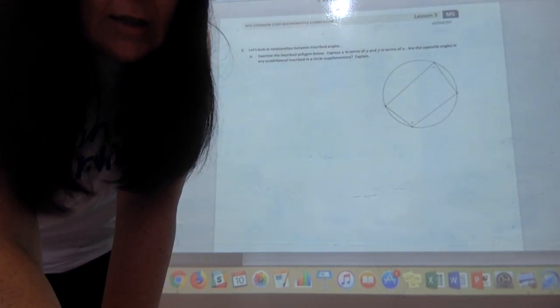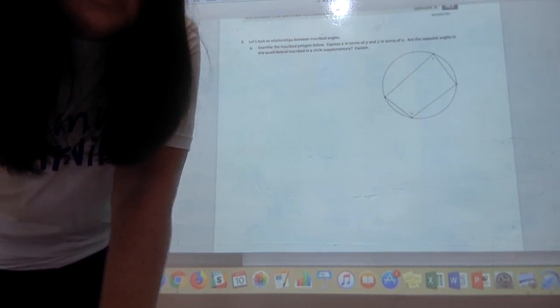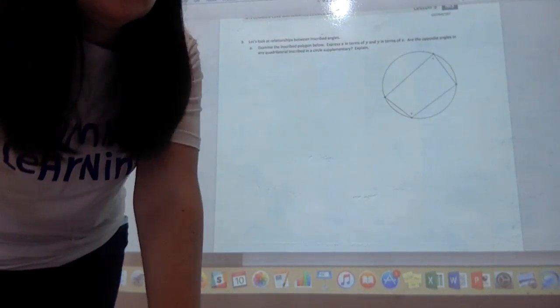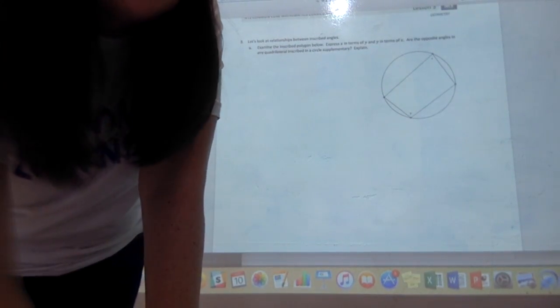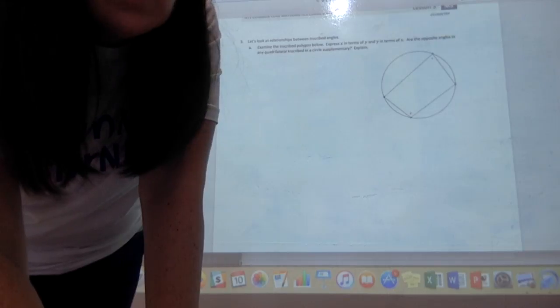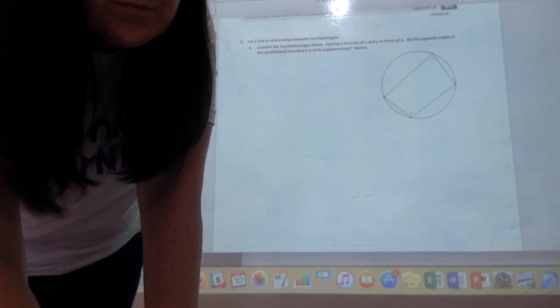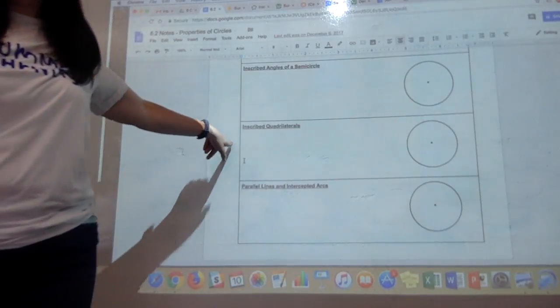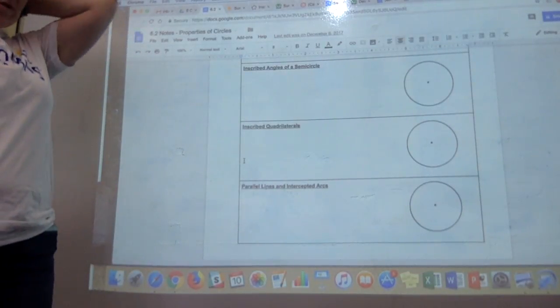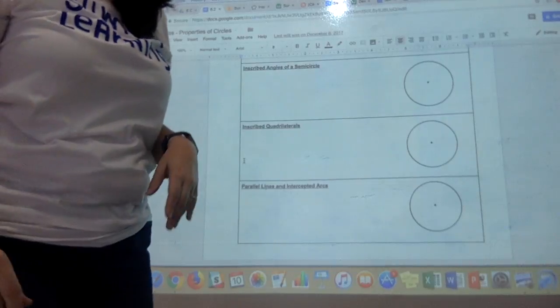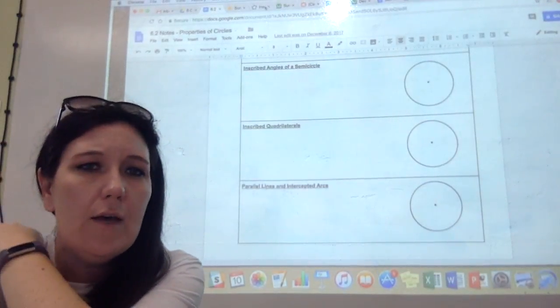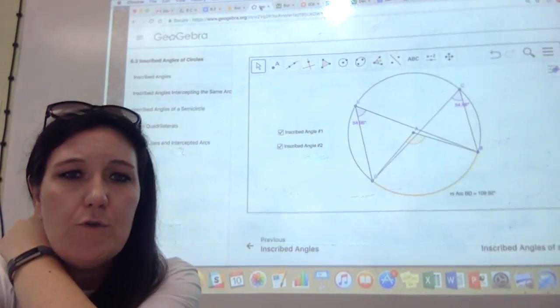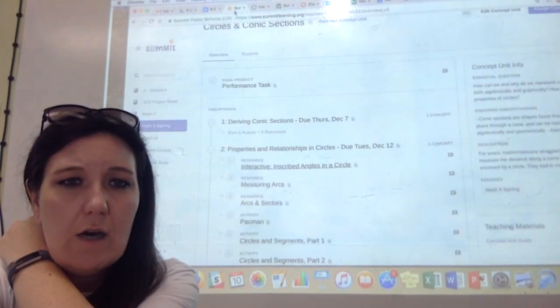All right, so the last thing we're going to look at is the properties of inscribed quadrilaterals. Okay, so right here, inscribed quadrilaterals. By the way, the link that I'm using for the GeoGebra is on Summit.